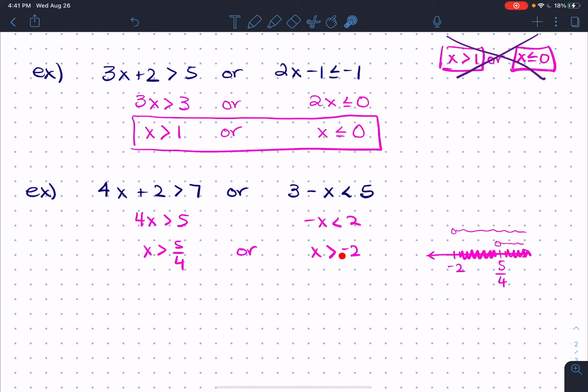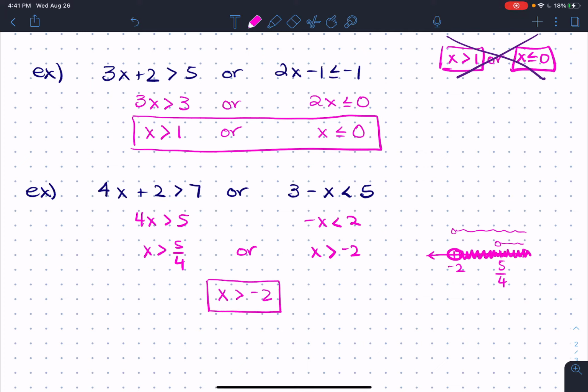But it did make this one. 5/4 is greater than -2. So we're actually going to shade that. We just won't shade the 2. So always think about your final answer. And in this case, both of those combine to this. This is the most condensed one, and we should write that as our answer.